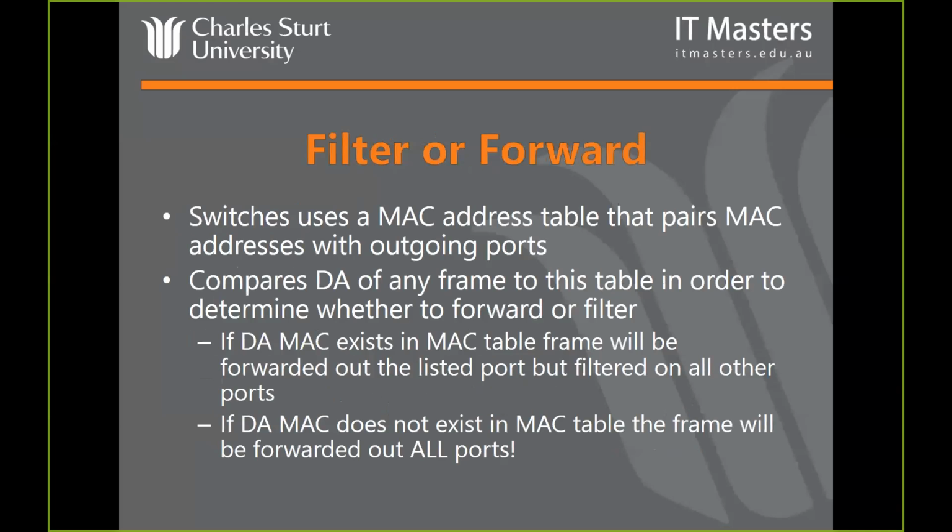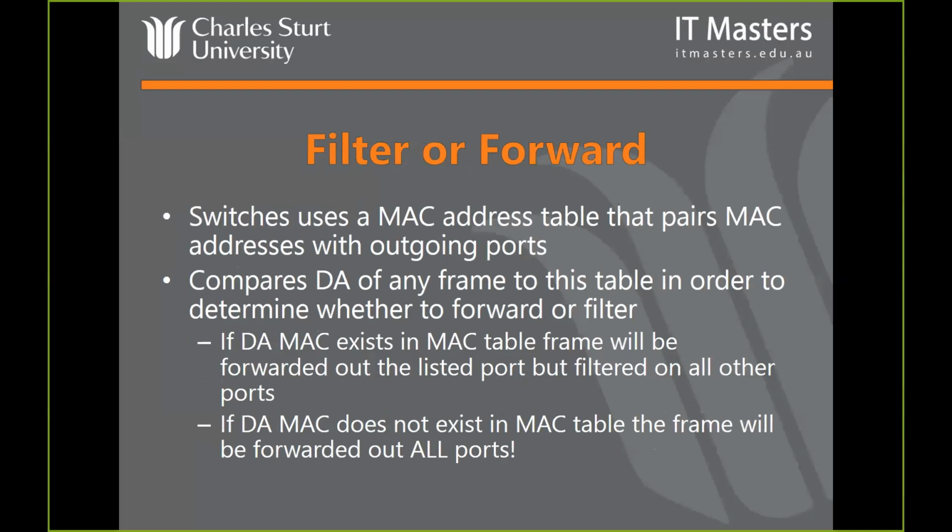So, filter or forward. Switches build a MAC address table, a table that contains all the different MAC addresses that it sees as frames pass through its switching fabric, through its ports. The way it does this is it looks at the source address of a frame as it comes into the switch.